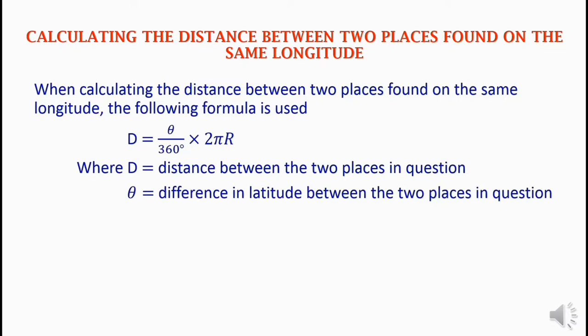Now, here people should not get confused. When you are finding the distance between two places found on the same longitude, theta is their difference in latitude, so don't get confused. While for r, this is the radius of the earth.